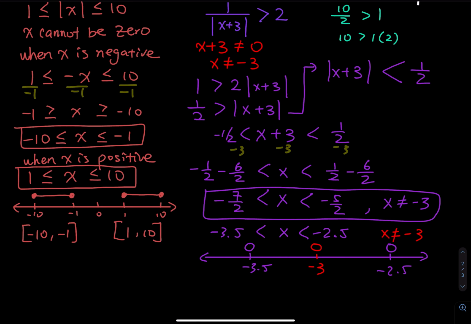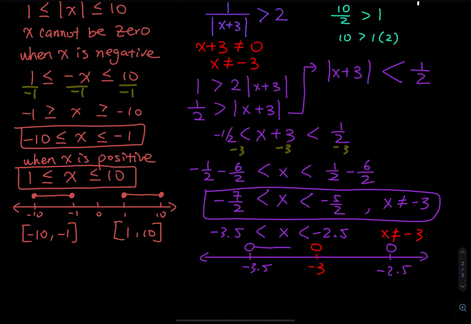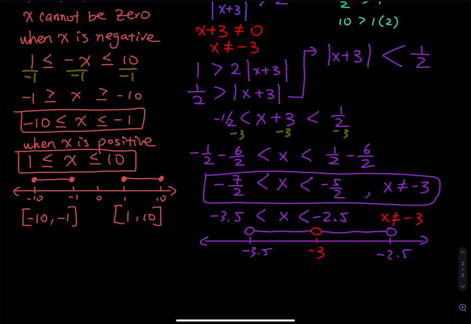You have to mention this restriction, because when you draw your solution set, you have to skip 3. So you have to jump over at x equals negative 3. So the solution set is from negative 3.5, we stop at negative 3, and then from negative 3 to negative 2.5, we have to make a jump.